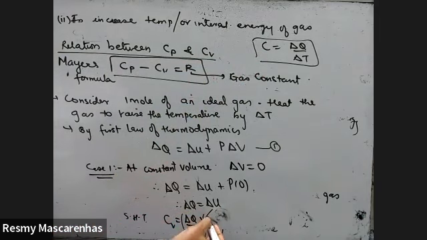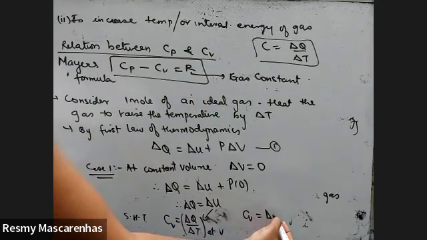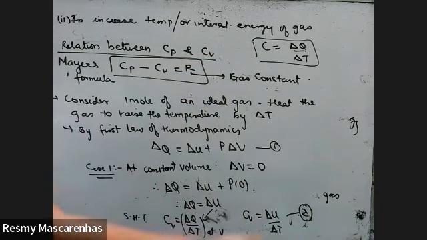Just put delta Q equals to this one. Mark this as equation 2. Cv is nothing but delta U upon delta T. So this was at constant volume.